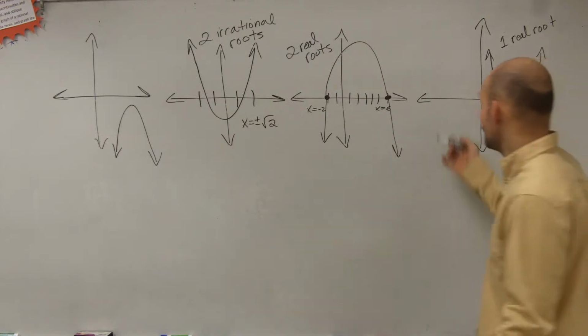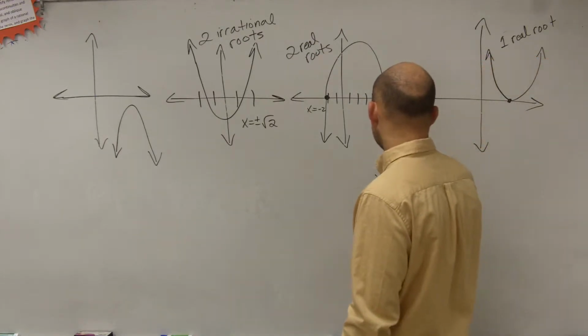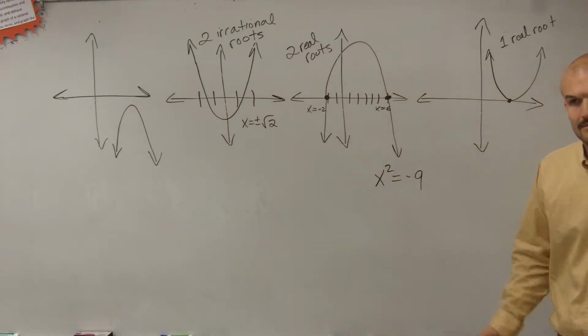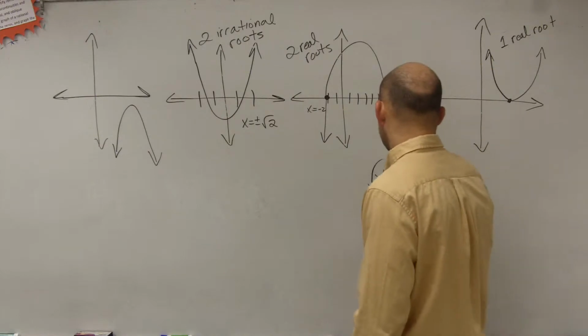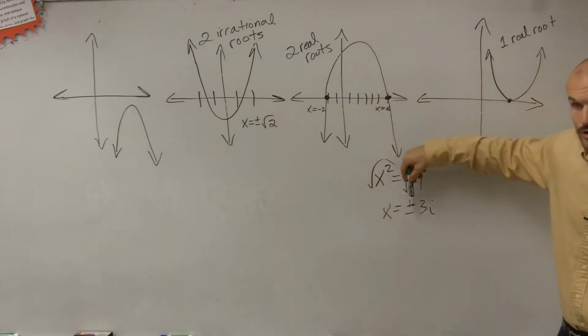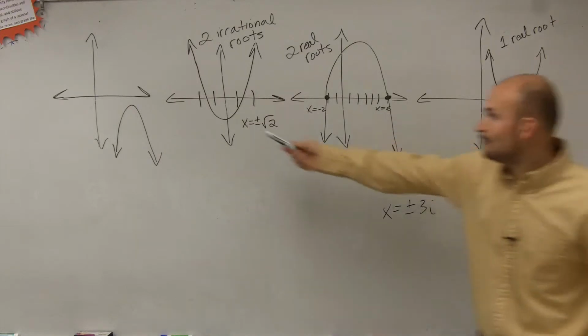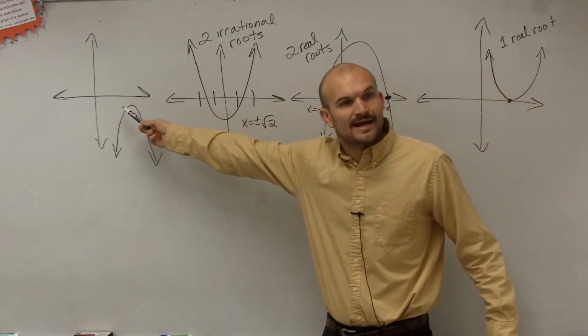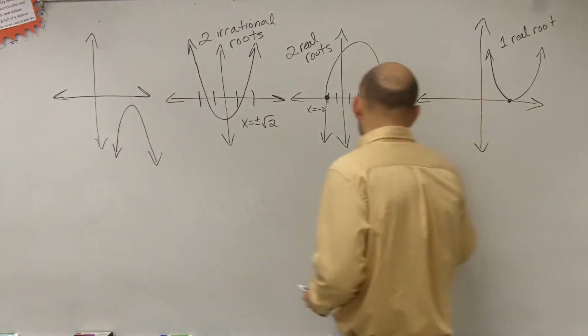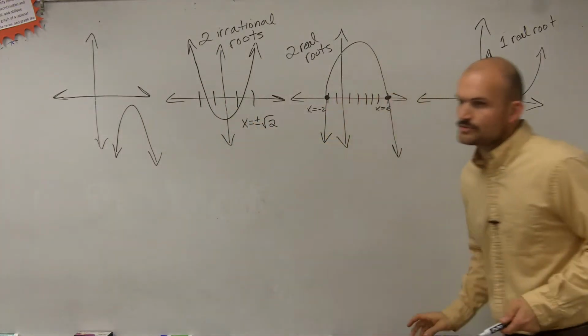If I said x squared equals -9, can you still solve this quadratic? Yes, you take the square root and get x equals plus or minus 3i. So the roots are plus or minus 3i, but 3i is not on the x-axis. Make sense?